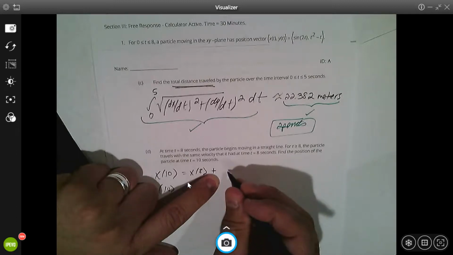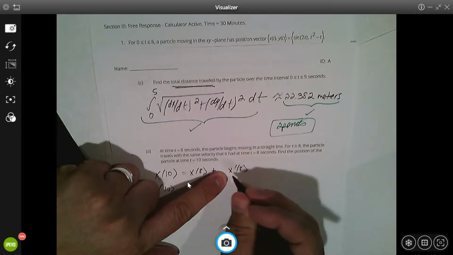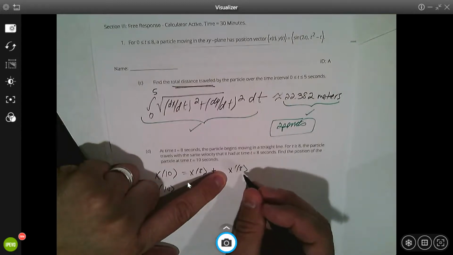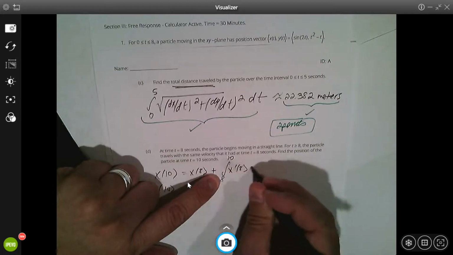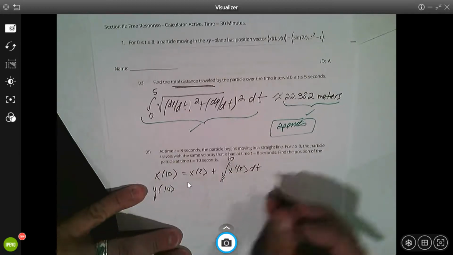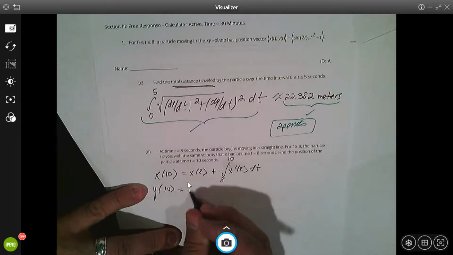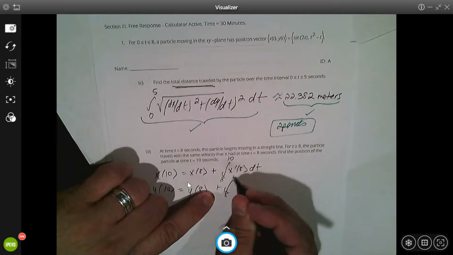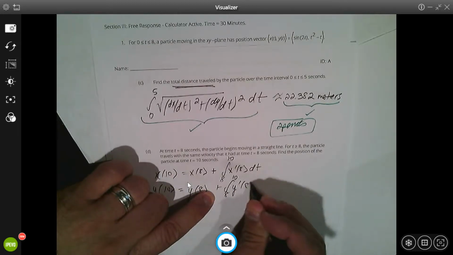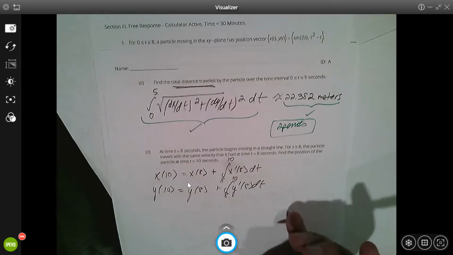So whatever your derivative is for the position at time 8, you're going to integrate that from 8 to 10. You can follow the exact same work for the position in the y-coordinate. It's the position at time 8 plus the integral from 8 to 10 of y prime of 8 dt.